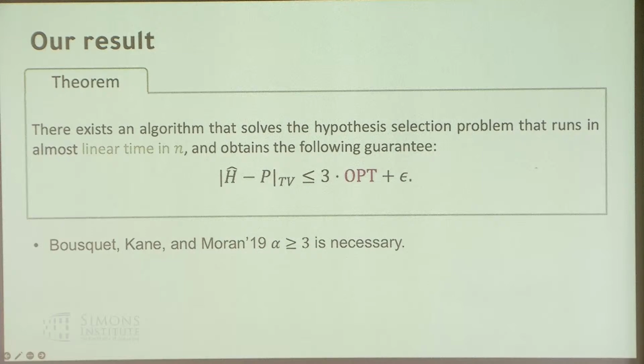Basically, our result is the first algorithm that runs in almost linear time in n, and it achieves this guarantee for the learner. It is known that this factor of 3 cannot be improved unless you have a sample complexity that depends polynomially on the domain size, and when you are proper. When you're improper, you can get a factor of 2, but for proper algorithms, this is essential.